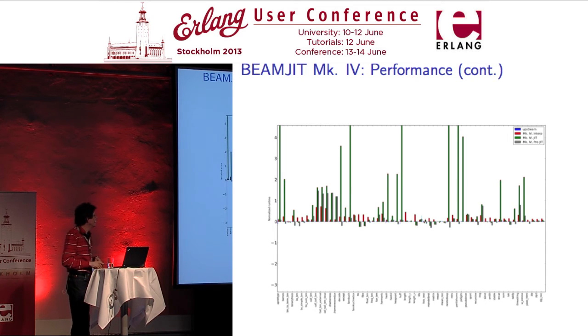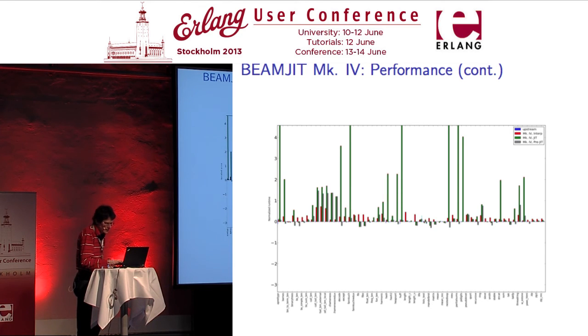The green one is running with the JIT enabled, and the gray ones are just running the benchmark when everything that is going to be JIT compiled has been JIT compiled. So you can see that there are some cases here at least where even running with the JIT enabled, we're actually faster than the unmodified system. That's good.